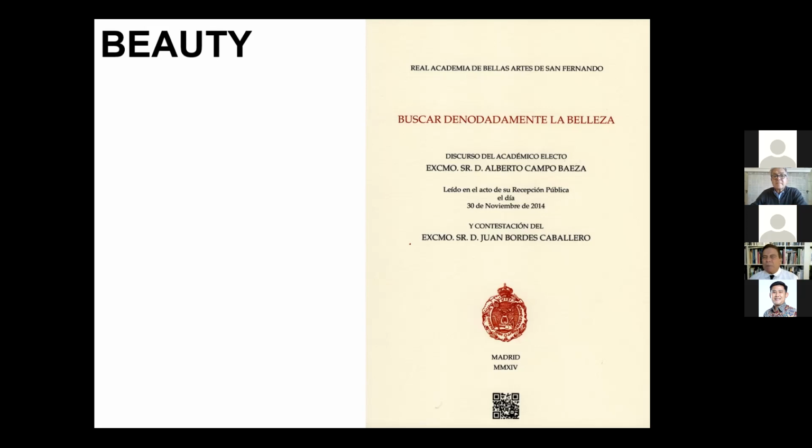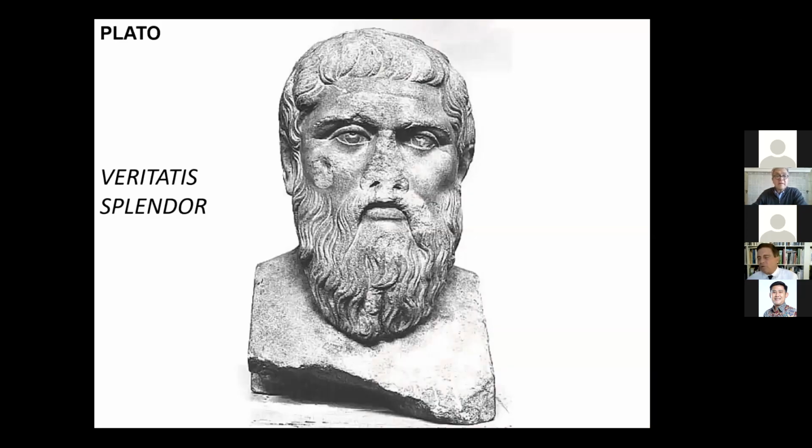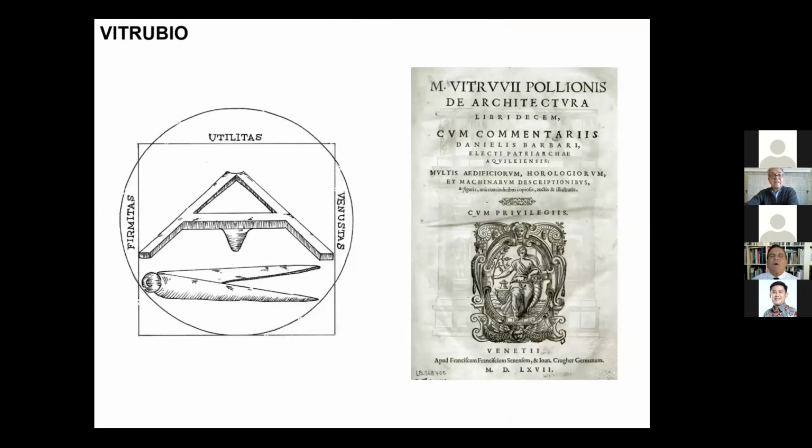Is to recognizing that is in the center of our ideas. You remember that Plato defined veritatis splendor, the splendor of the truth, is the beauty. And after, Vitruvius said before, venustas is beauty, students.